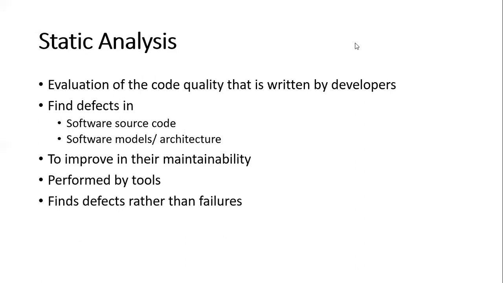Usually, static analysis focuses on finding defects in the software code or the software architecture. It does not focus on UI designs, ER diagrams, UMLs, or SRS, but on the technical aspects of the source code or the architecture.